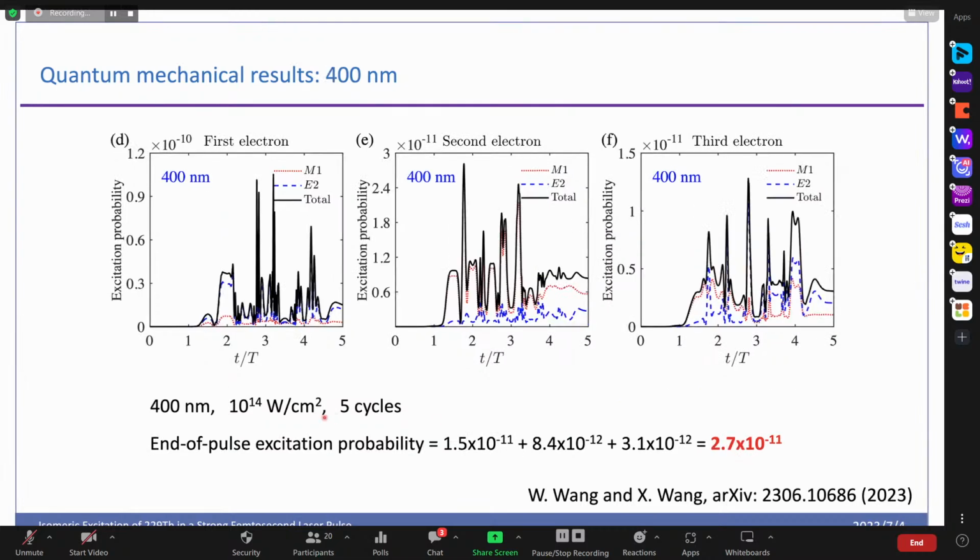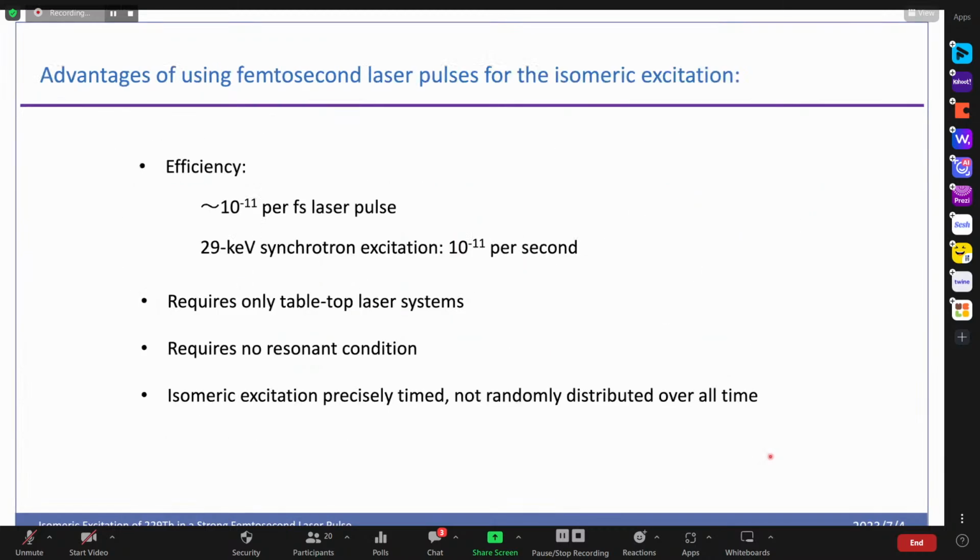If we change the laser wavelength to 400 nanometer, we get a higher excitation probability, roughly 3 times higher, about 2.7 times 10^-11. So using femtosecond laser pulses for the isomeric excitation has the following advantages. In terms of efficiency, it is roughly 10^-11 per femtosecond pulse for nucleus.